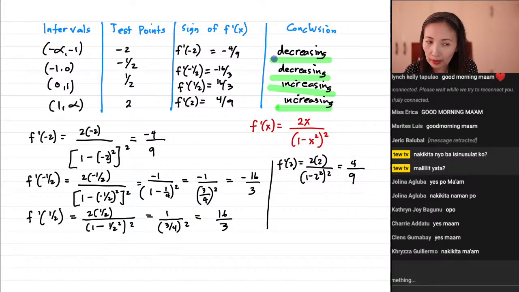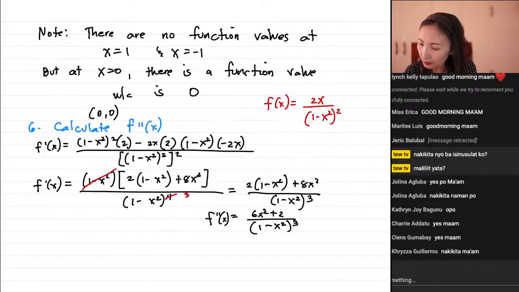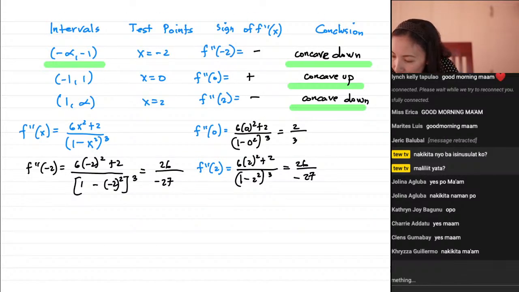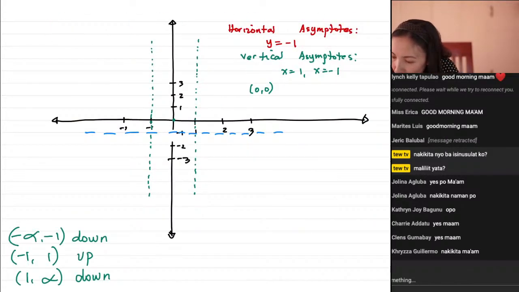So, going back to our graph, negative 1 to 0, it's decreasing. Okay? 0 to 1, it's increasing. Increasing, but this will never cross this line. Okay?